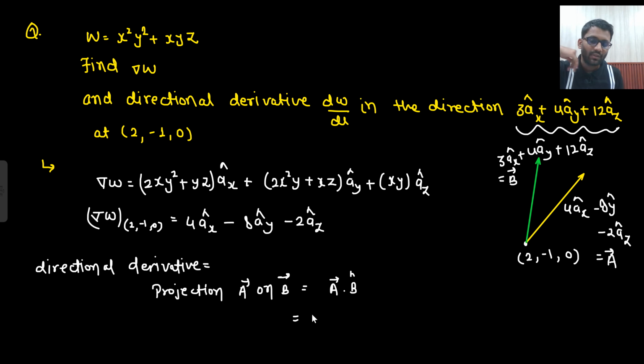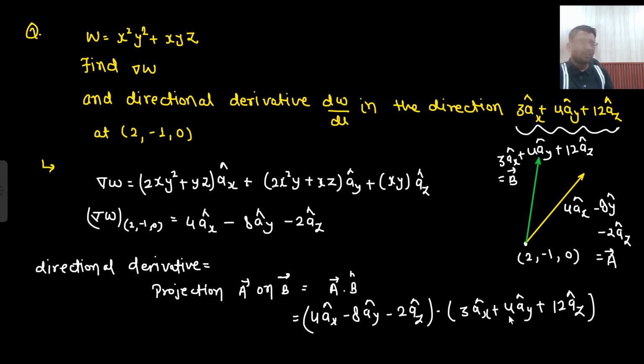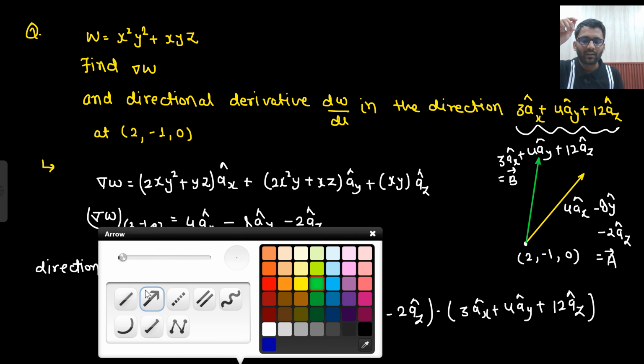So what is A vector? 4ax cap minus 8ay cap minus 2az cap dot B cap, where vector B is 3ax cap plus 4ay cap plus 12az cap. The magnitude of B: 3 and 4 make 5, and 5 with 12 makes 13.